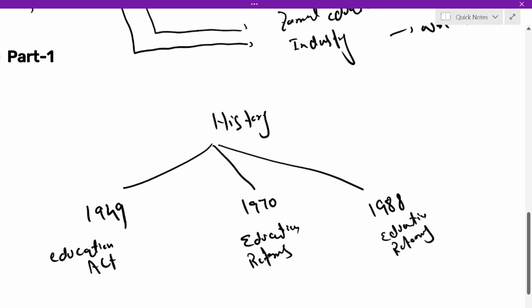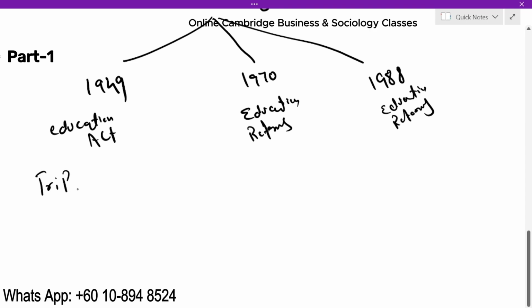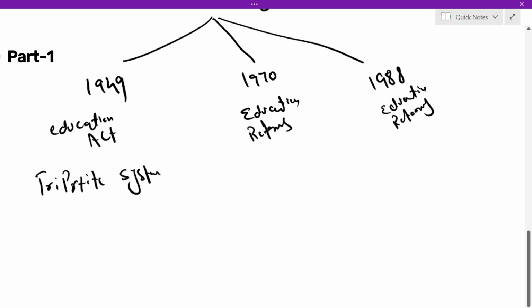Initially, the system of education in Britain is known as the tripartite system. The 1949 system, we said, is a tripartite system. In 1970 we said it's a comprehensive education system.